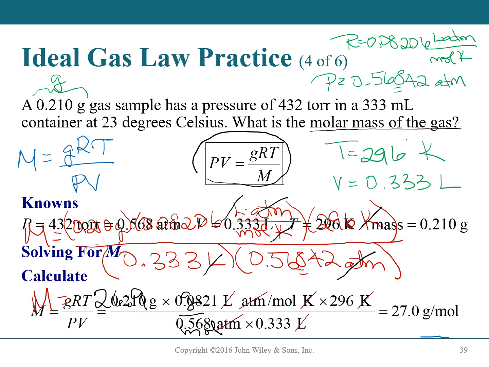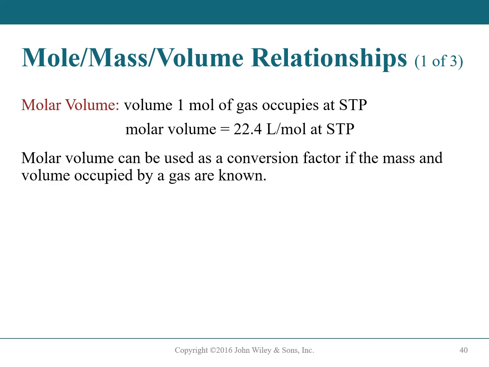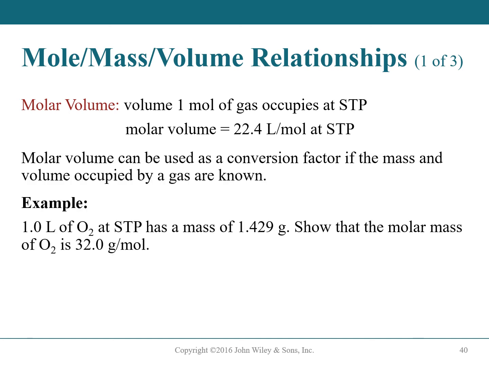Now, we know about our molar volume. We can use it as a conversion factor. So in this example, show that the molar mass of oxygen is 32 grams per mole. Here, 1 liter of oxygen at STP has a mass of 1.429 grams. So for 1.0 liters of oxygen at STP, how many moles is that?